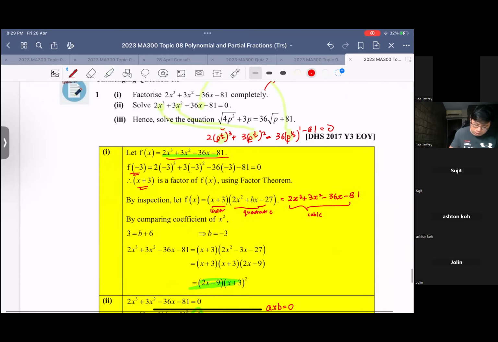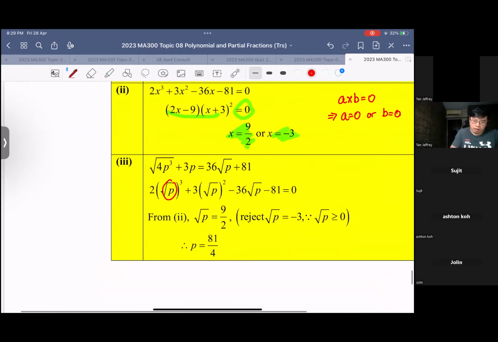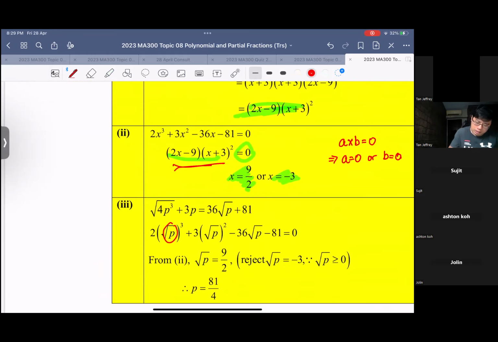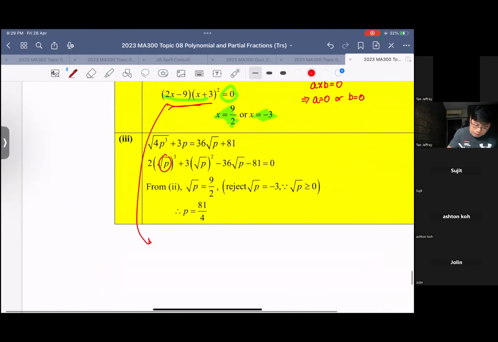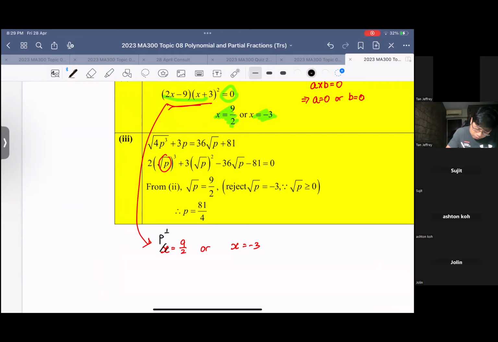So very simple. I go to the equation and just replace my x with p power half. Earlier on, we know the equation looks like that. So basically here, x equals 9/2 or x equals negative 3. Very simple. Just replace the x with p power half.